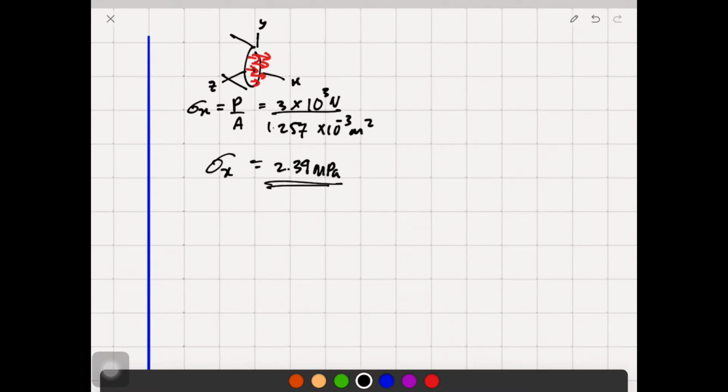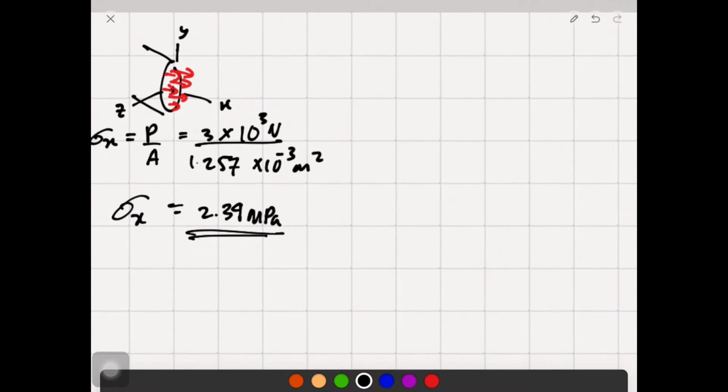So let's have a look at the other. I'm going to draw exactly the same, just to make it super clear. This is the cross section again. This is x, y, and z direction.